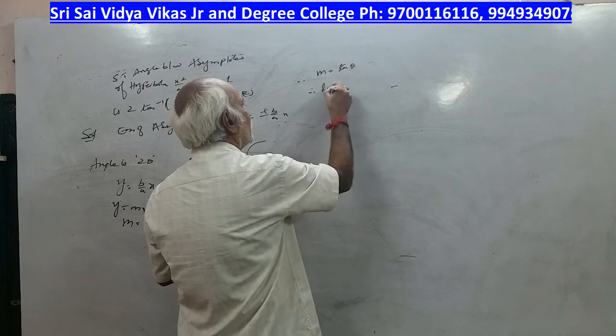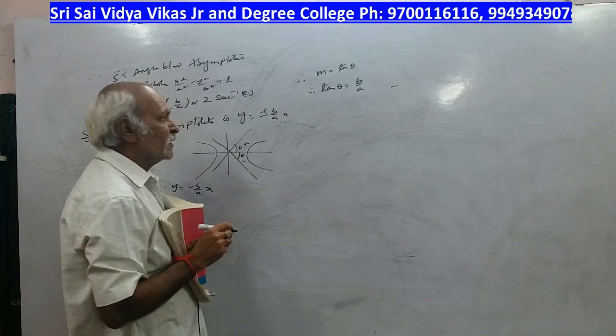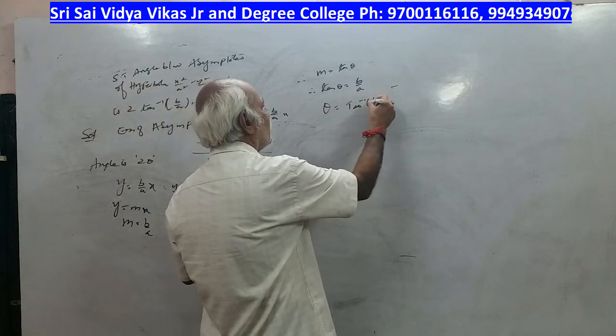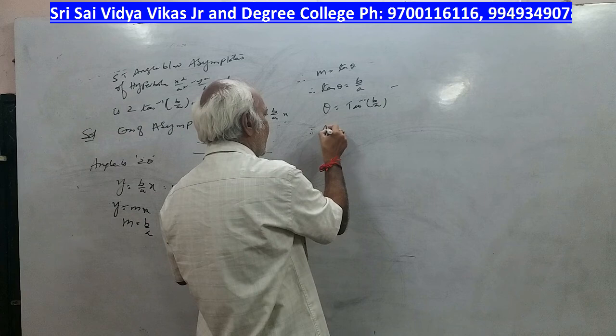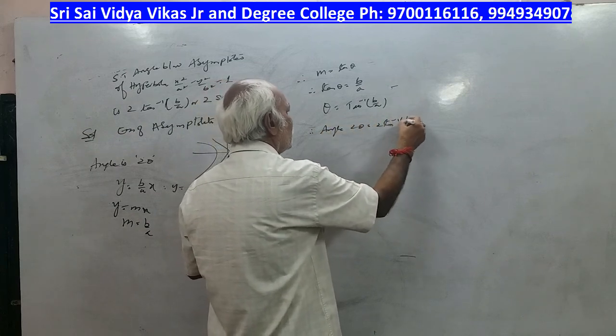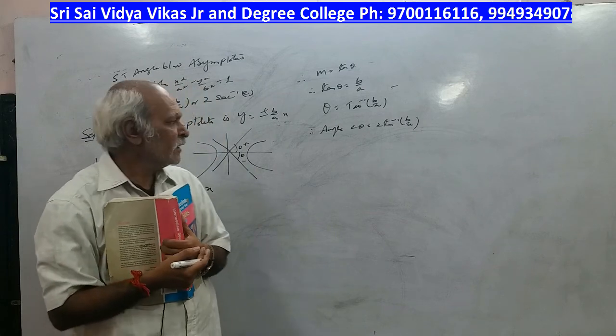Therefore, tan theta is equal to b by a. Therefore, theta is equal to tan inverse b by a. Therefore, angle is 2 theta, 2 into tan inverse b by a. 2 tan inverse b by a, right?